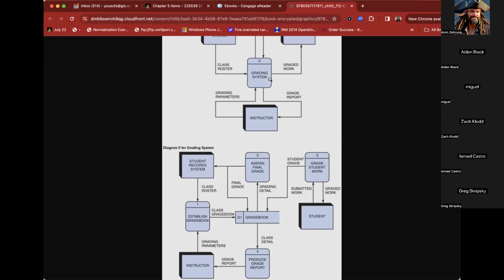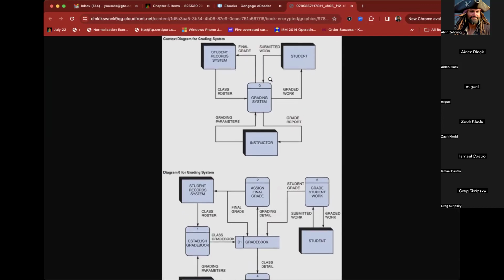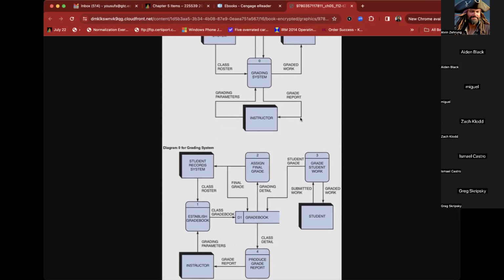Again, 1, 2, 3, 4 is not the sequence of execution. It is only the numbering scheme. These are just 4 processes. Now, remember how many external entities we had? 3. Now that we have exploded the context level diagram into 4 components, we need to figure out which of the external entities will work with which of the 4 components, because not every external entity will work with all the components.